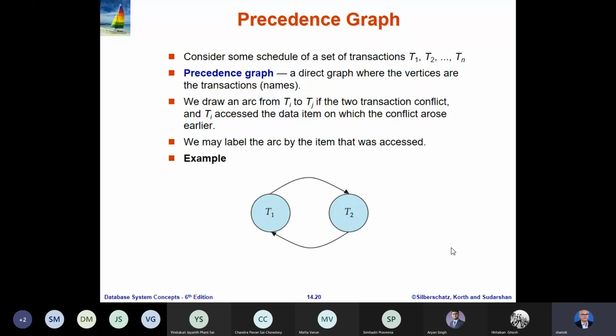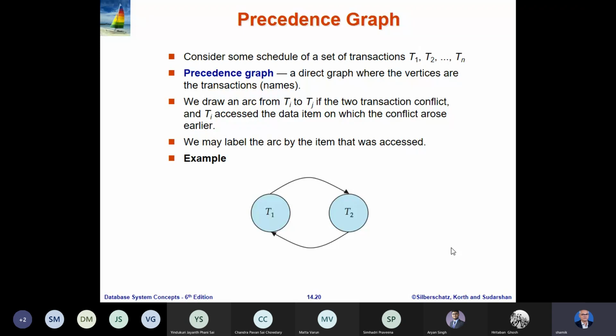This is very simple. If T1 does a read Q before T2 does a write Q, then I will draw an edge from T1 to T2. Or if T1 does a write Q before T2 does a read Q, then also I will draw an edge. Or if T1 does a write Q before T2 does a write Q, I will draw the edge.